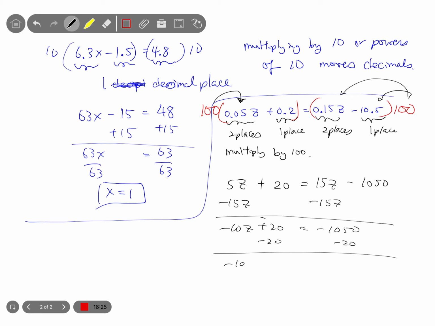So negative 10z equals negative 1070. And then divide by negative 10. So z equals negative divided by negative is positive, 1070 divided by 10, which is 107. So z is 107.